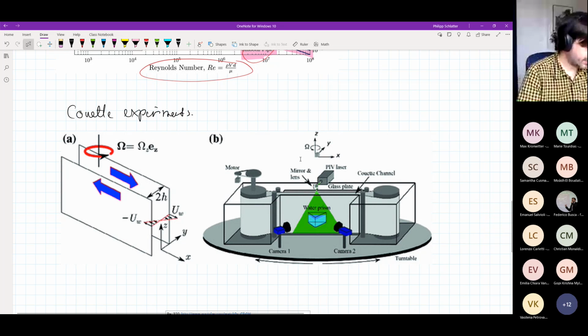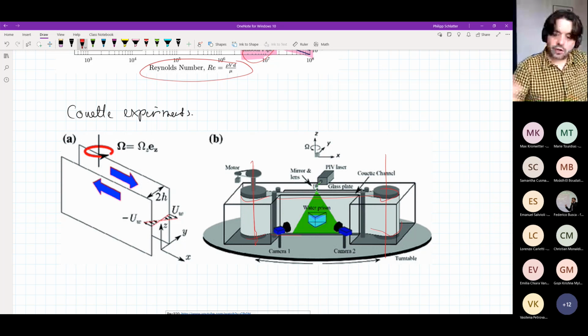And you can see how this is actually done in practice. So on the left, you see again the setup of couette with two walls. But on the right here, figure B, is the real experiment that you can set up. The basic idea is that you have two axes, one here and one here, and you have a belt, this light gray thing that goes around both of those big cylinders or axles, and these rotate.